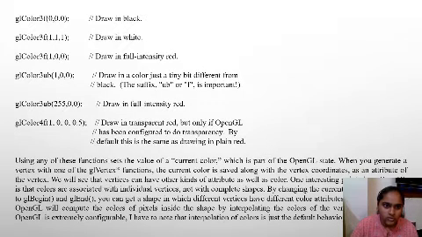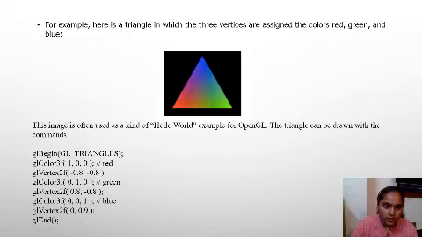Using any of these above functions sets the value of a current color, which is part of the OpenGL state. When you generate a vertex with one of the glVertex* functions, the current color is saved along with the vertex coordinates as an attribute of the vertex. We will see that vertices can have other kinds of attributes as well as the color. For example, here is a triangle in which the three vertices are assigned the colors red, green and blue.